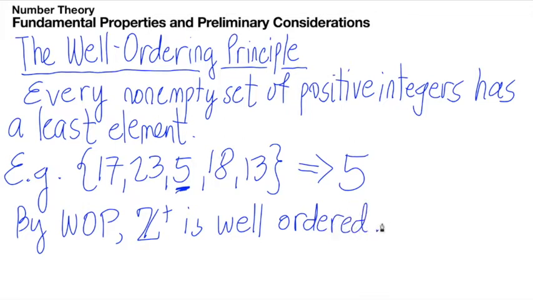We can clearly see that the positive integers are well-ordered because the least element there is 1. Very clear and very trivial.